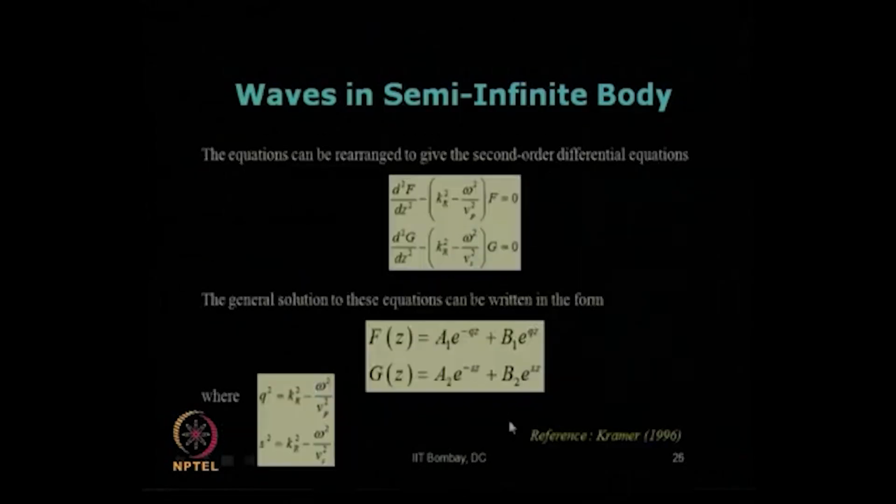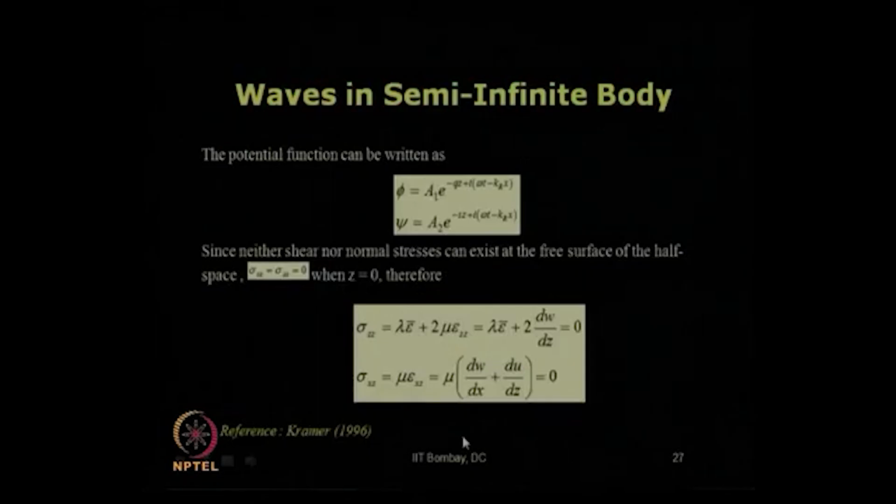Substituting in this equation, and on further simplification, using these parameters shown in this figure in this slide, and the potential functions in this form, we will get these equations for sigma z z and sigma x z in 2 directions. Why are we putting them to 0? Because they will become 0 at the ground surface.